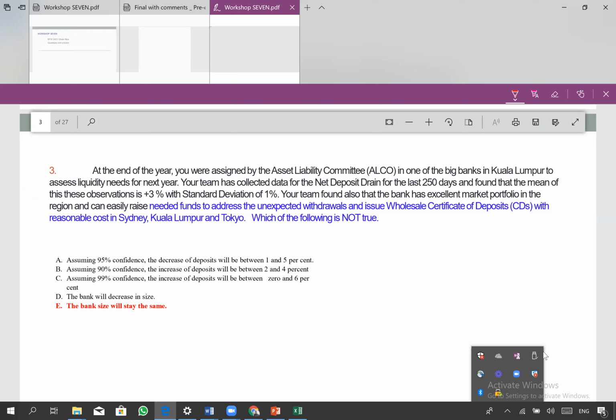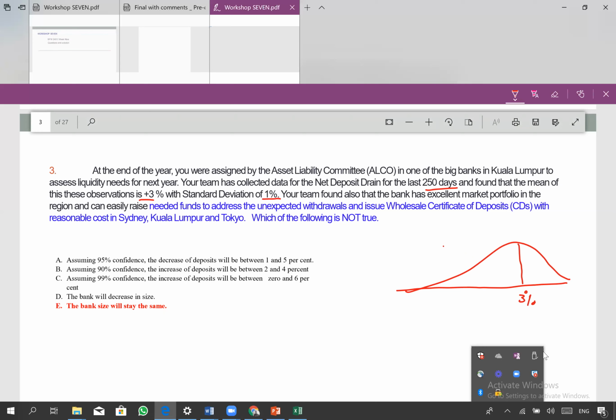Your team has collected data for the net deposit for the last 250 days, which looks like 1 year, and found that the mean of this observation is positive, which means there is actually more withdrawals, and a standard deviation of 1.